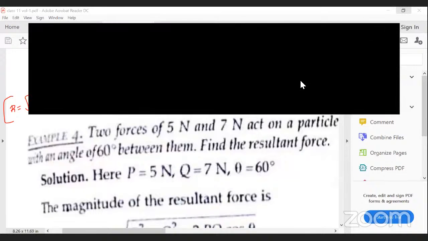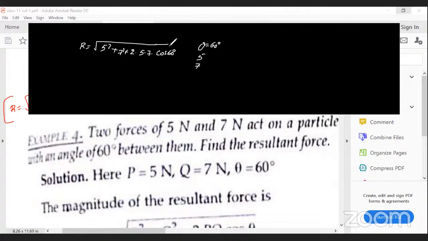So R vector, that is your resultant R, is equal to root of a square plus b square plus 2ab cos theta, and here theta is equal to 60 degrees. So a is 5 and b is 7 newtons. So it is 5 square plus 7 square plus 2 into 5 into 7 into cos 60. What is the value of cos 60?